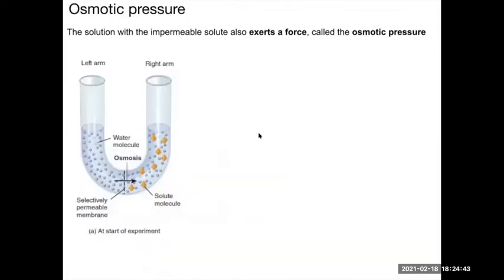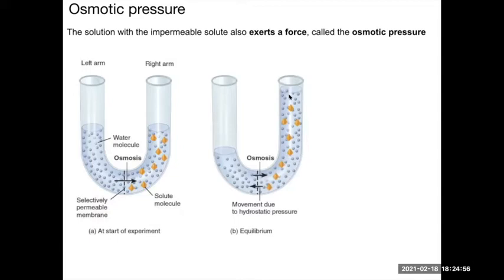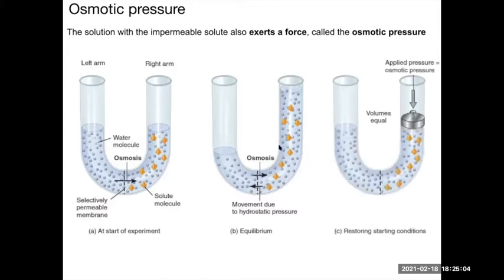And here's the kind of example we're going to try to understand. Selectively permeable membrane, molecules on one side, osmosis is going to occur in this direction. And it's going to do it until it reaches a certain point, until it stops. The way they measure this is they say, if we applied a pressure that brings it back to this position, how much pressure would we have to use?